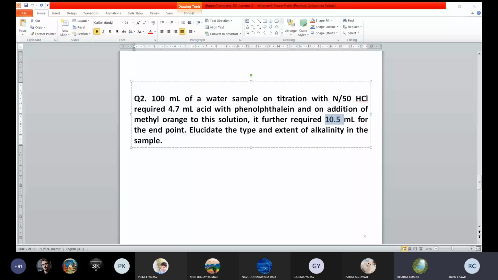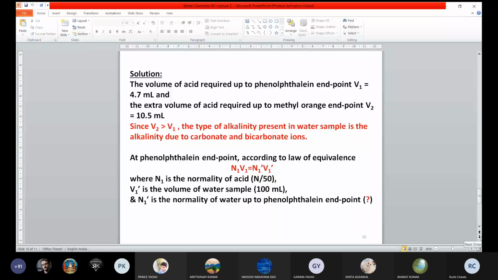V2 is greater than V1, so it will be hydroxide and carbonate? Go back to the table. V2 is greater than V1.